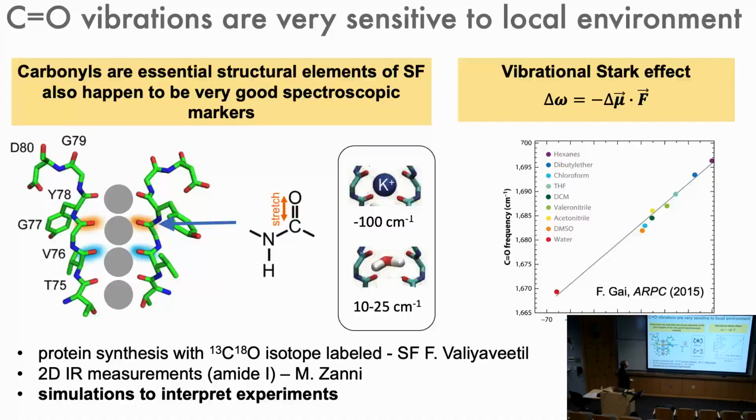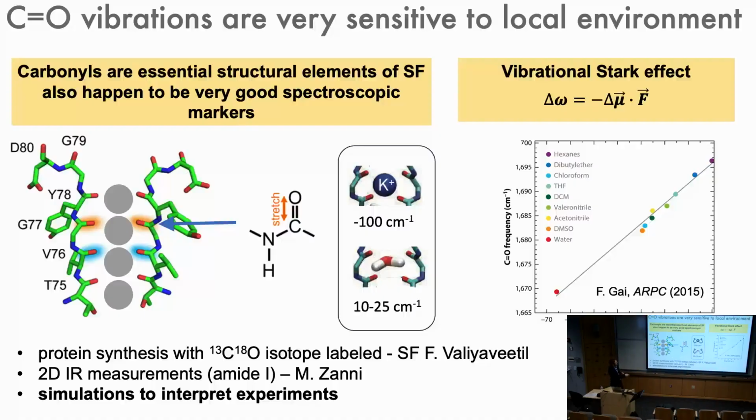The question is, okay, if we can measure this, how do we know that we're measuring these carbonyls, because protein has thousands of those? And the answer is that we use isotope labels. Instead of, naturally, carbon-12, oxygen-16, if we replace them with carbon-13, oxygen-18, through chemical synthesis or semi-synthesis and expression, we can change this carbonyl into 13C18O, which changes the mass, which changes the frequency, right?